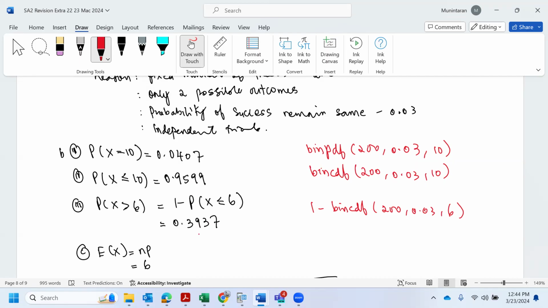Oh, this means about 40% of the transactions will have more than 6 unsuccessful. Oh, okay, I think I understand now, sir. So in this scenario, we don't talk about the 200, we talk about percentage.